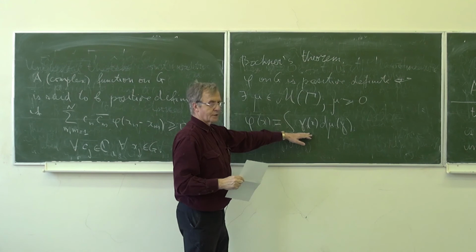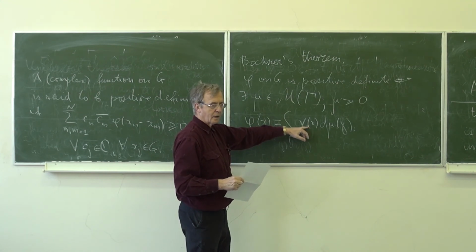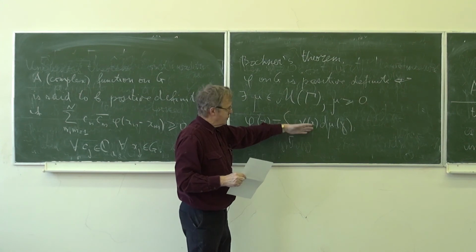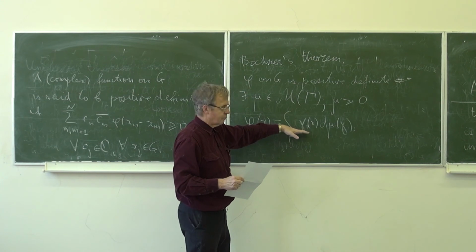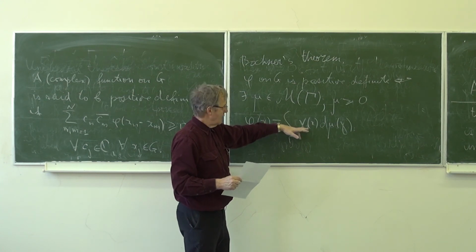Well, this is near the Fourier transform of a measure, but I don't put bar here. This doesn't matter very much. Simply, it is more convenient in this setting not to put bar on the character.